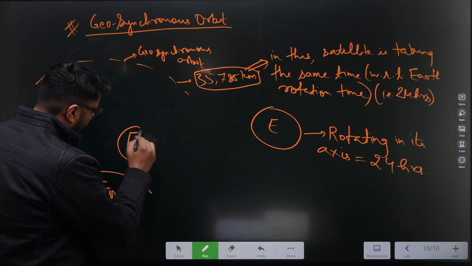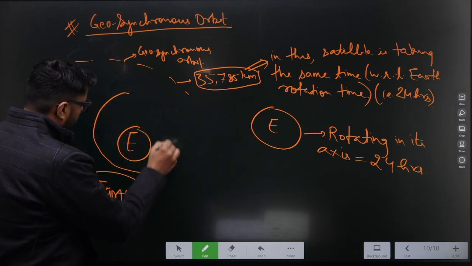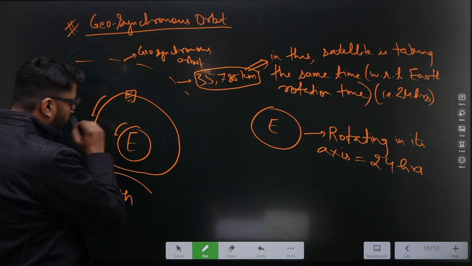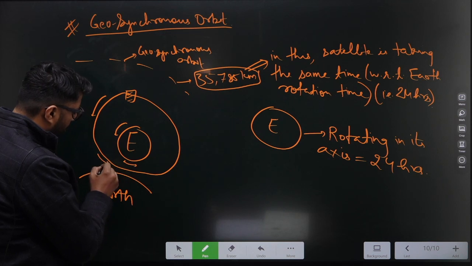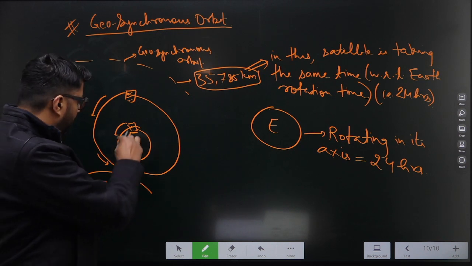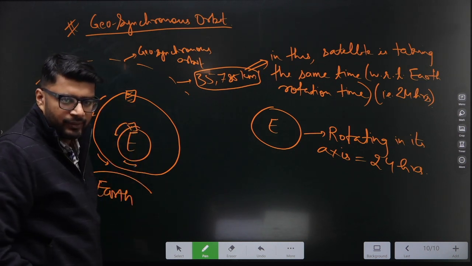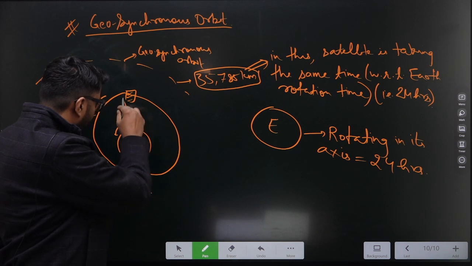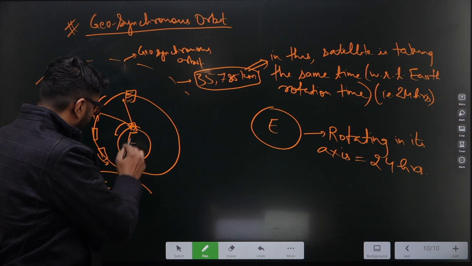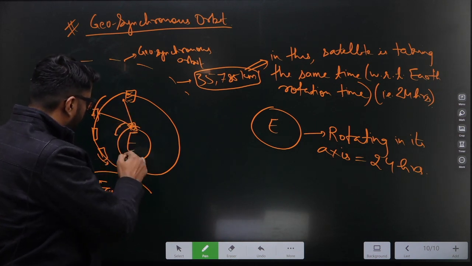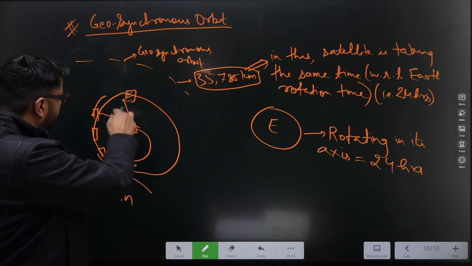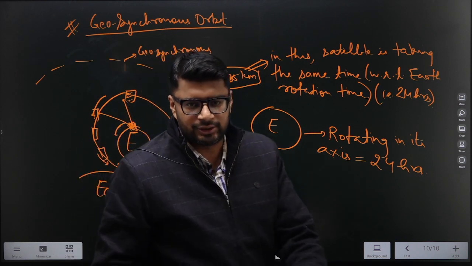Take this: Earth is here, this is the geosynchronous orbit, and this is a satellite. Earth is rotating, the satellite is also rotating. If one person is seeing the satellite from here, the satellite appears constant every day, because the Earth is rotating and the satellite is also rotating, so it is exactly the same for one particular location.